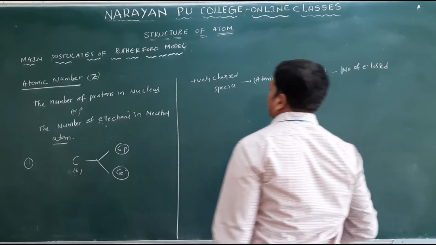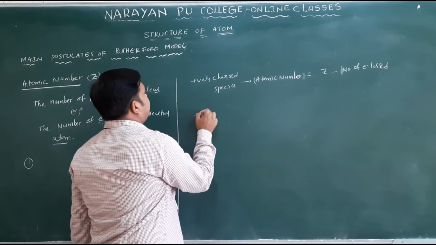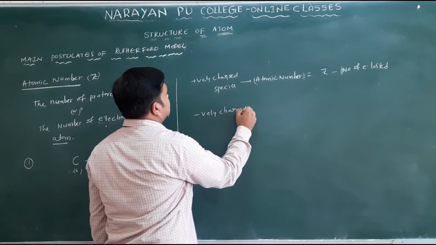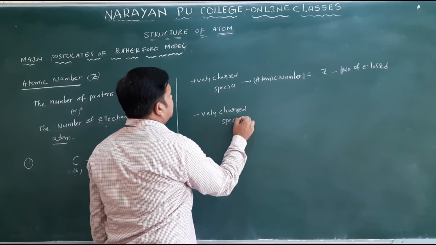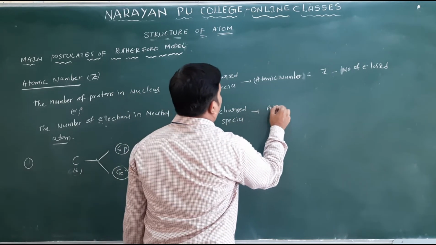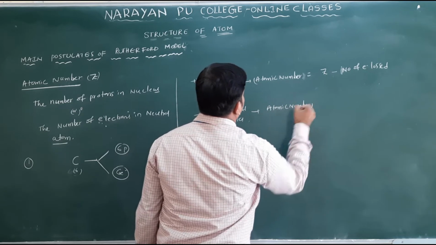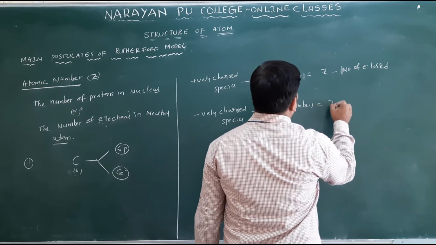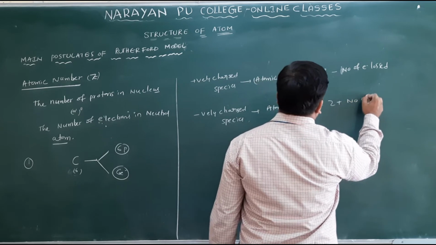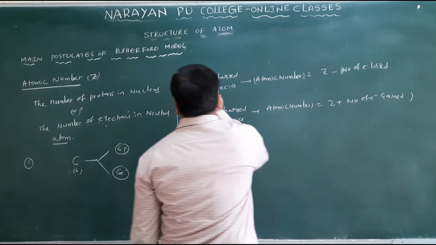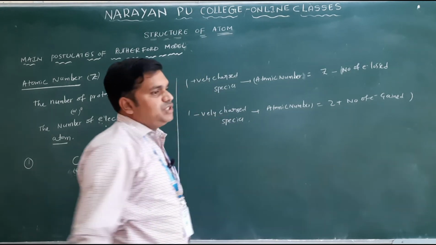If we take a negatively charged species, the atomic number is Z minus the number of electrons gained. So in the case of ions, we can use this formula.